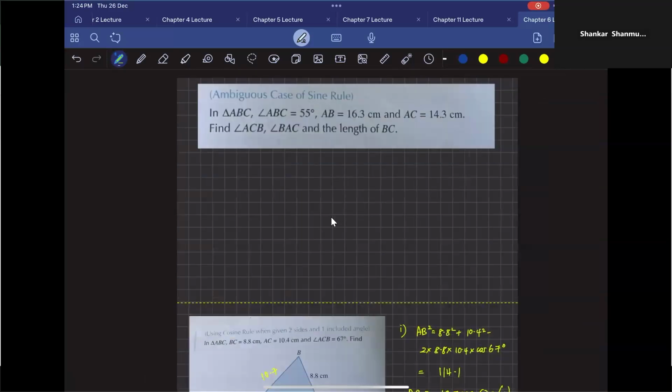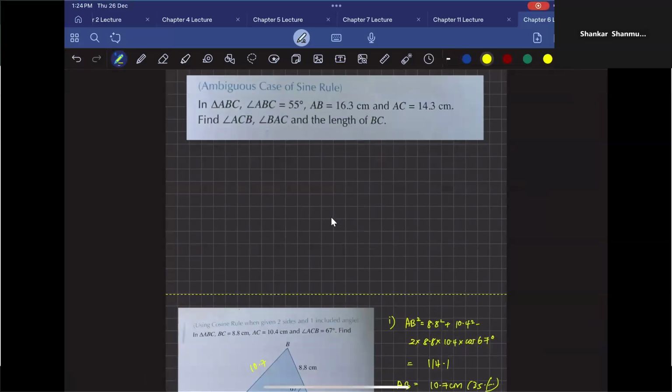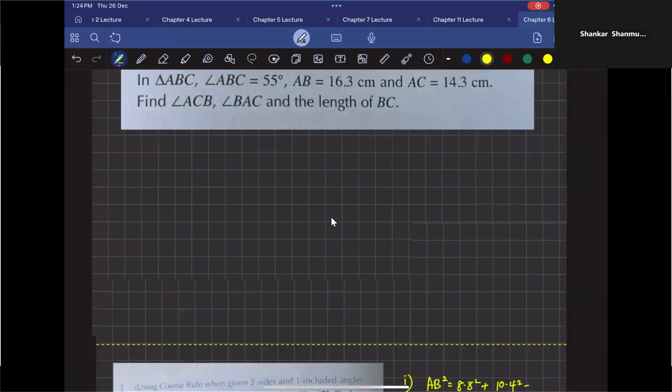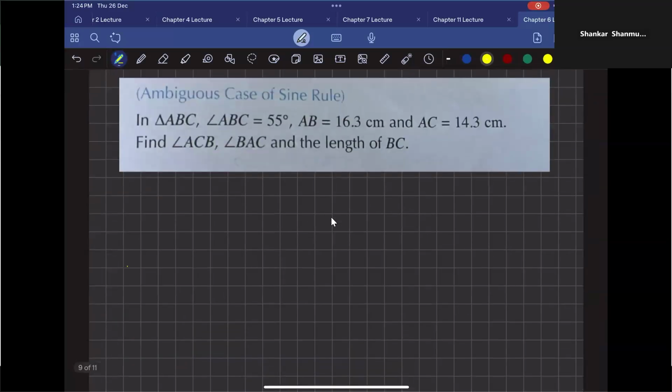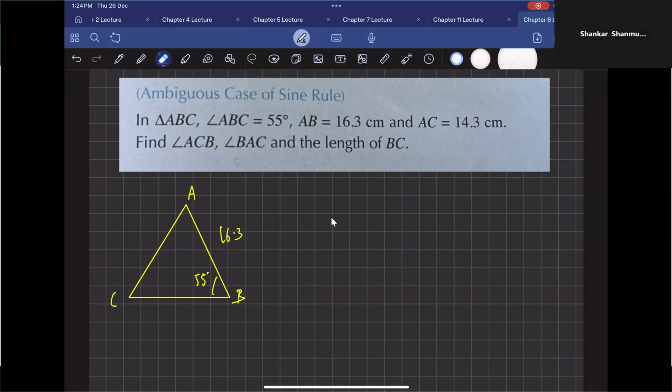Now let's look at your last part, which is your sine rule but ambiguous case. You're given, always draw it, A, B, C. You're given that angle ABC equals 55 degrees, AB equals 16.3, AC equals 14.3. The question asks you to find angle ACB.